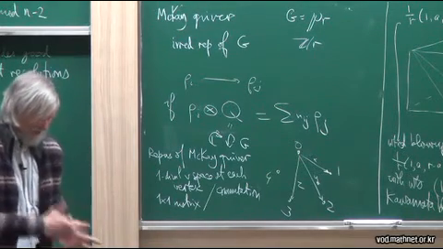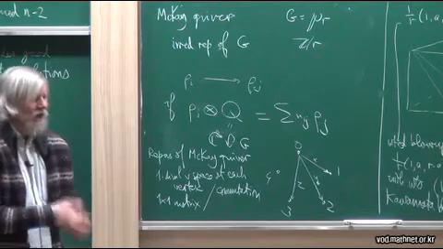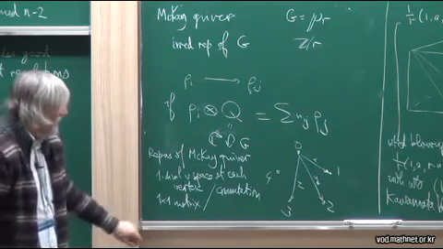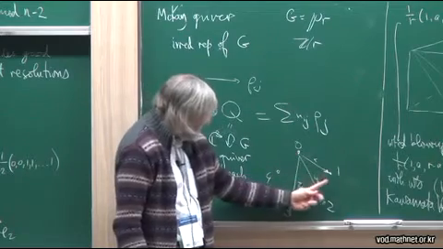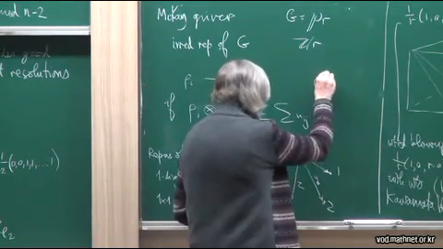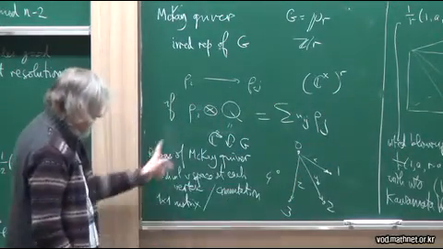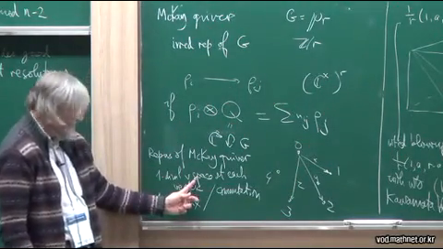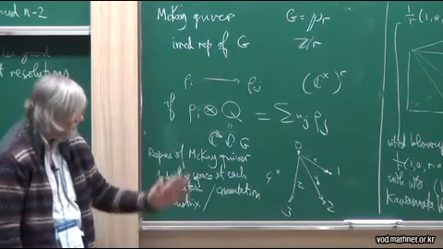In representation theory, we're interested in representations up to equivalence or isomorphism, and that means that at each of these vertices, I multiply by C star. So I have C star to the power of r acting on this, just changing the basis in these vector spaces. I want to pass to the quotient by this.